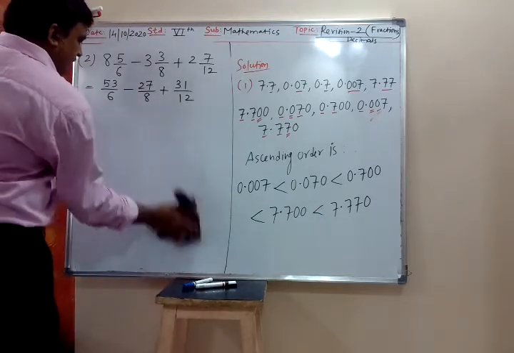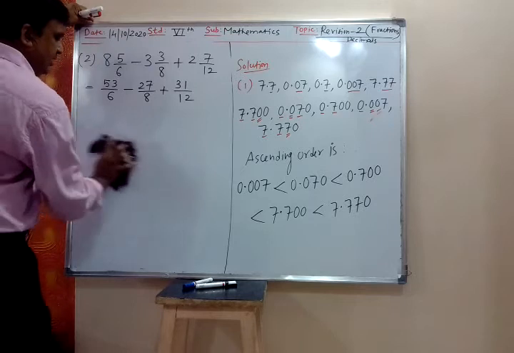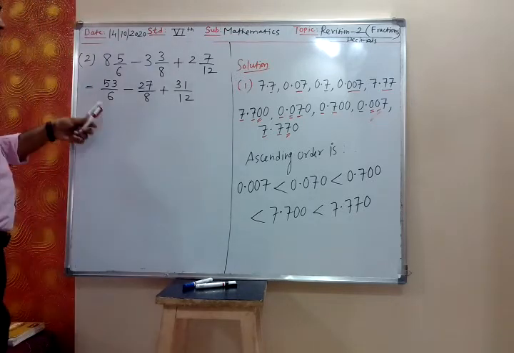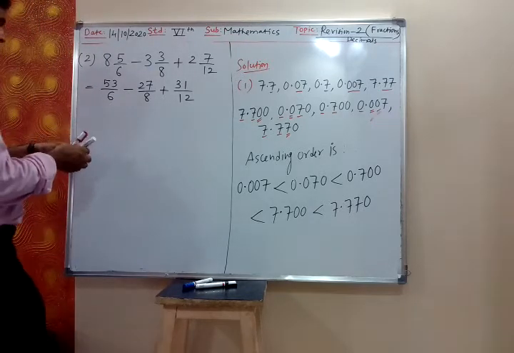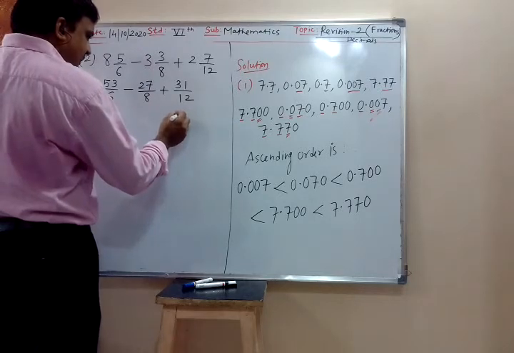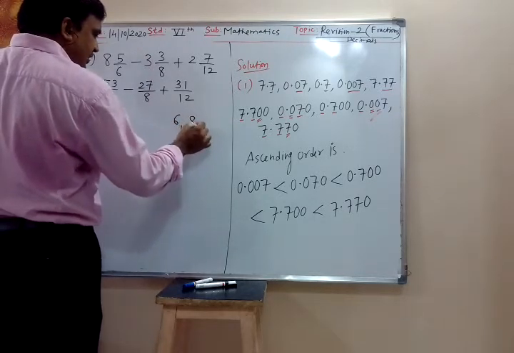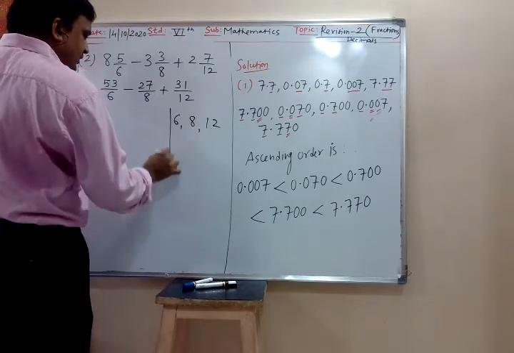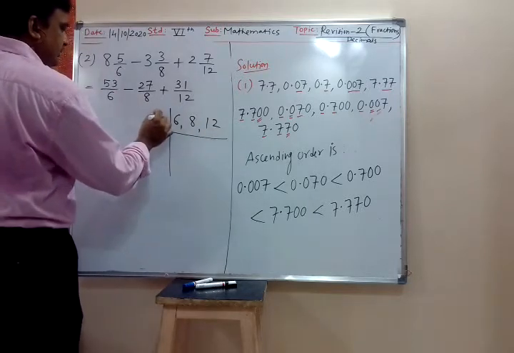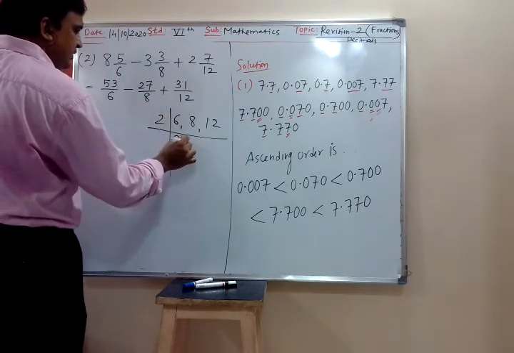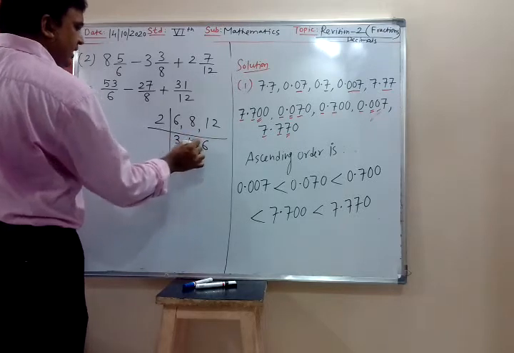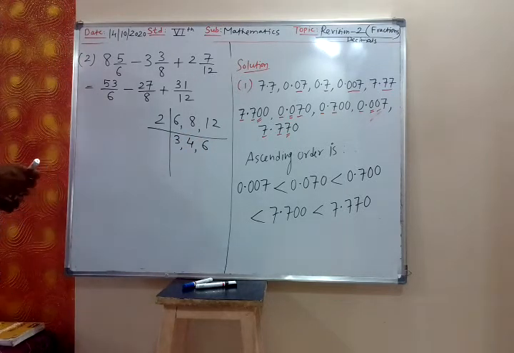So first I will take the LCM of 6, 8, 12. So now how do we find the LCM of 6, 8, 12? So we write 6, 8, 12 in the common division method. 2 3s are 6, 2 4s are 8, 2 6s are 12.